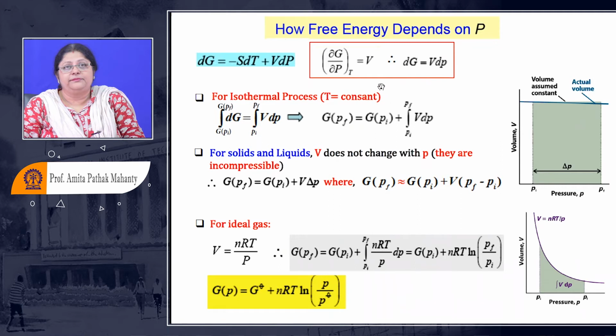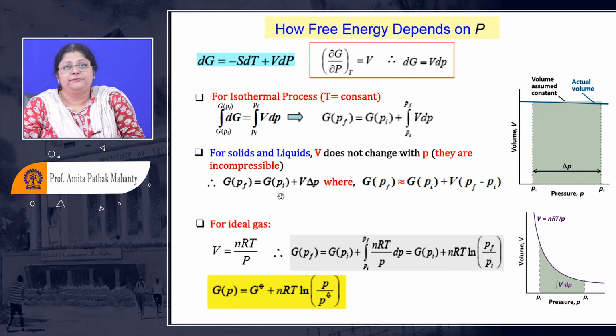Since G is a state variable, you will always have delta G as G final minus G initial, equal to the integration of VdP between the pressure changing from Pi to Pf.